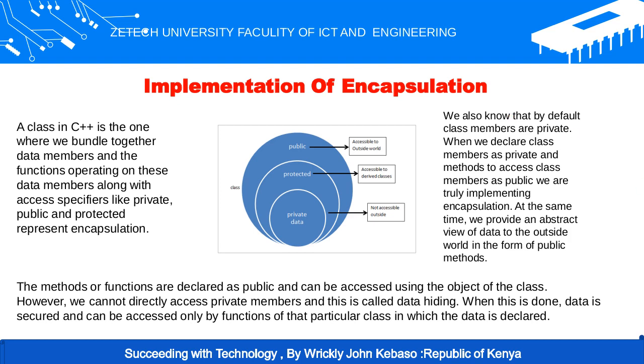Okay, now let me proceed from here. At the same time, we provide an abstract view of data to the outside world in the form of public methods. Again, the word abstract has come. And remember I said that when I say I'm abstract to you, it means you don't know much about me.